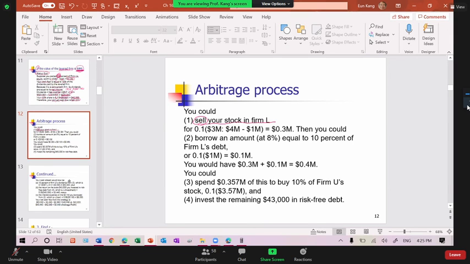Then you get 0.3 million, that's your portion, because 4 million total value minus 1 million debt is 3 million equity, and you have 10%. Then you use this money and borrow an amount at 8% equal to 10% of Firm L's debt.